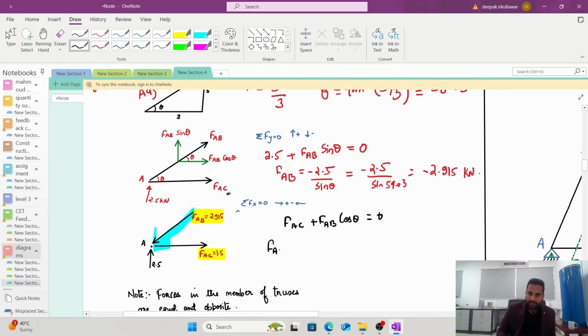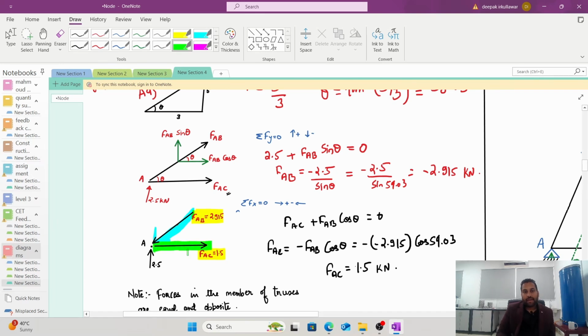So FAC is equal to negative FAB cos theta, which is negative of negative 2.915 times cos 59.03. So your FAC is equal to 1.5. If you calculate this in your calculator, you will get positive 1.5 kilonewtons. Since it is positive, there is no need for changing the direction, and hence you can see here with my green highlighter, the direction of the line I did not change.